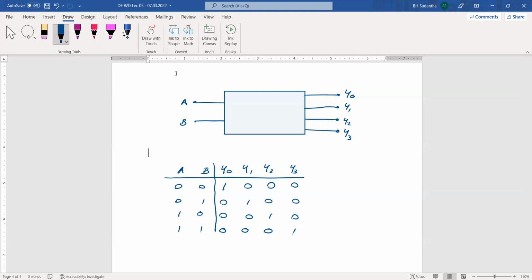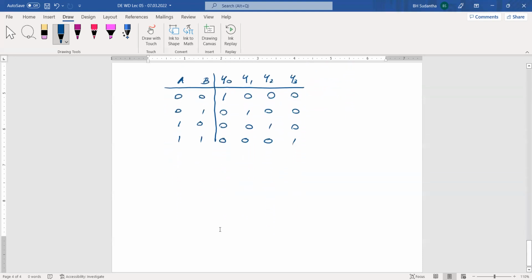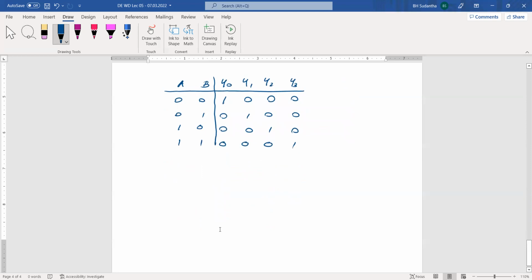Okay. The first one, block diagram, is there. Second one, truth table, is here. You can see the truth table. Then the third step is writing output equations. Shall we write output equations? How many outputs are here? Four outputs there. Okay.